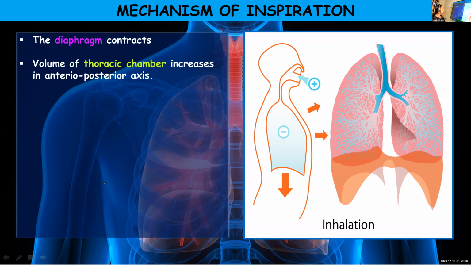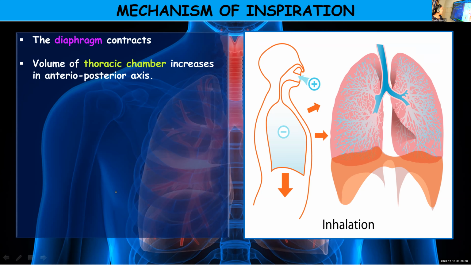Then the volume of the thoracic chamber increases. I told you the thoracic chamber is the chest cavity enclosed by the vertebral column, sternum, diaphragm, ribs, etc. The volume inside increases in the anterior-posterior axis, which you can easily make out. When you inhale, you can feel the expansion of the thoracic cavity.